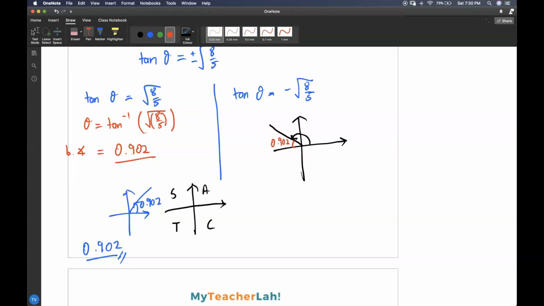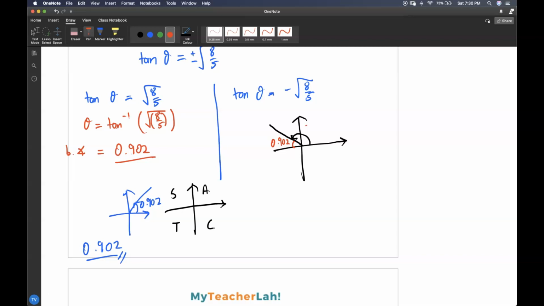So we call this a basic angle because it's the angle that is always subtended between the line and the x-axis. So the line and the x-axis, right? And this angle from the beginning of the first quadrant up until the line, that's the angle that we always want to calculate. So that's the final answer basically.